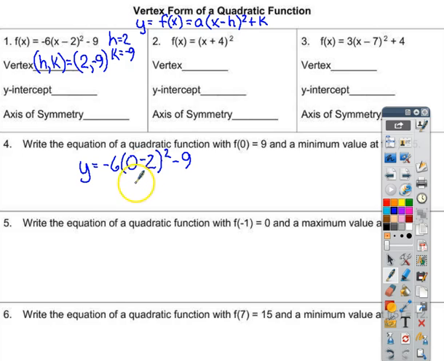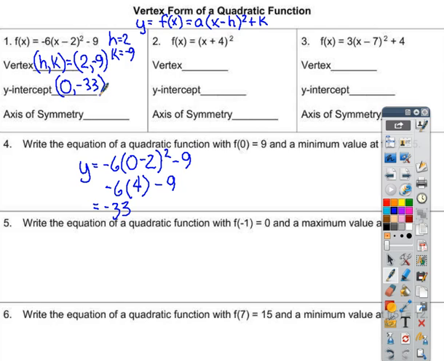Negative 2 squared is positive 4. So we have negative 6 times positive 4, and then we have to subtract 9. Negative 24 minus 9 gives us negative 33. So we now know our y-intercept is 0, negative 33.